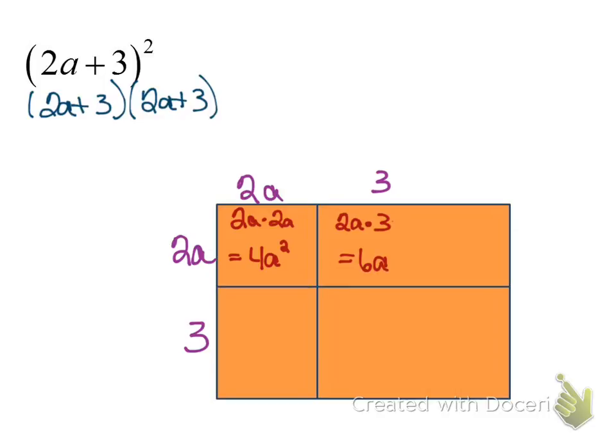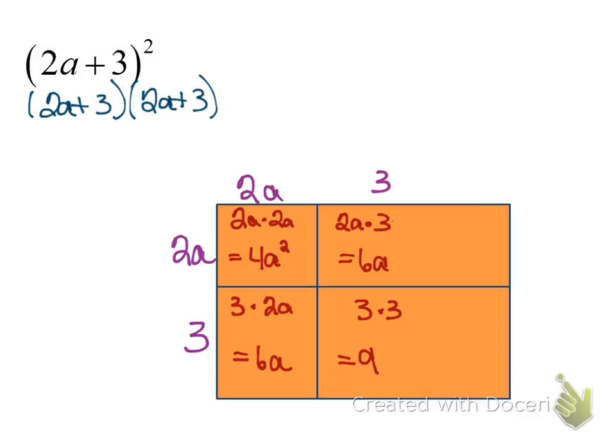Okay. Alyssa, bottom left. So how do I find the area of my bottom left rectangle? 3 times 2a equals 6a. And bottom right, Vernell. 3 times 3. Okay. Sanisha, find the total area now.